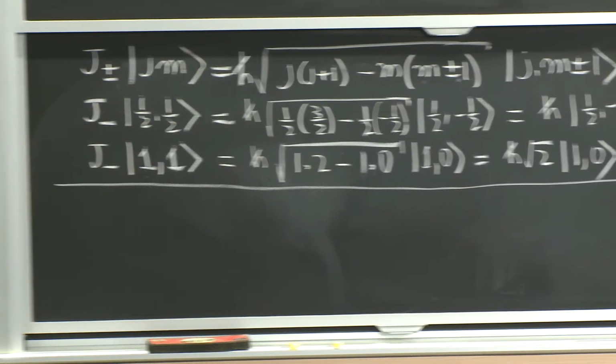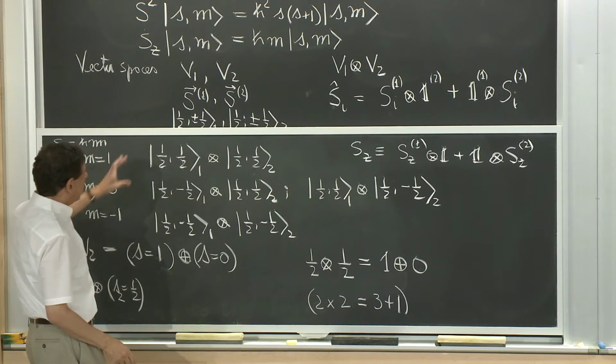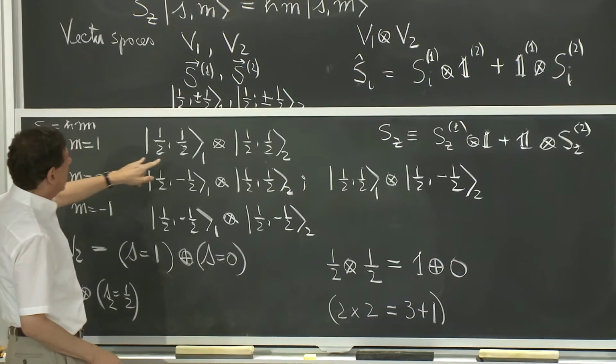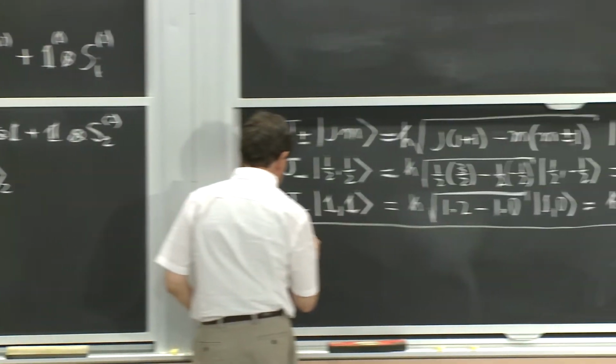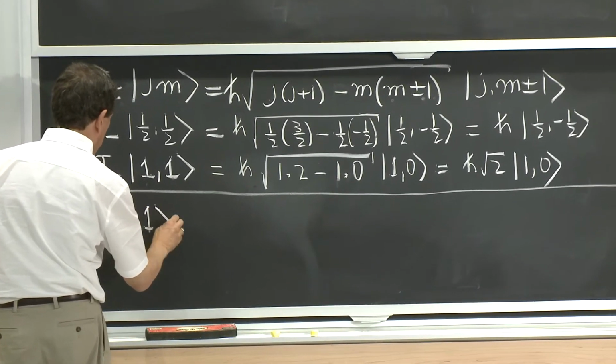So we're looking for a multiplet of spin 1, and we identified that this is the state with m equals 1. So this must be the state with spin 1 and m equals 1.